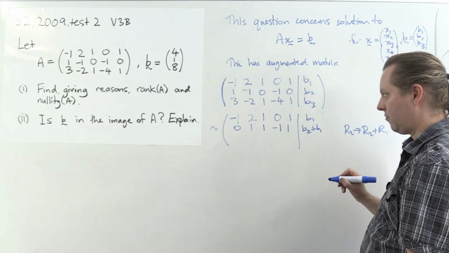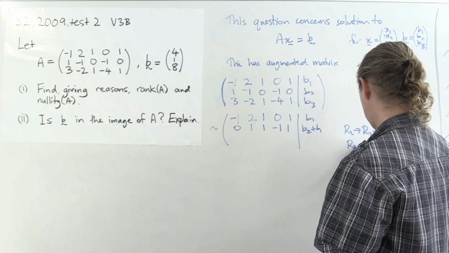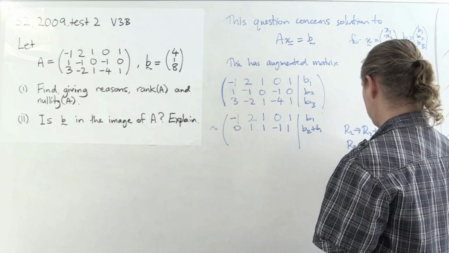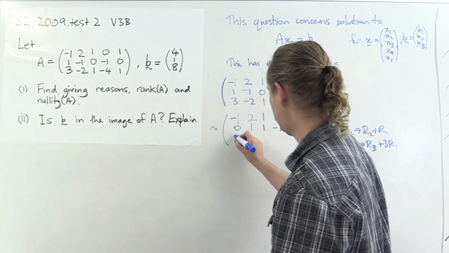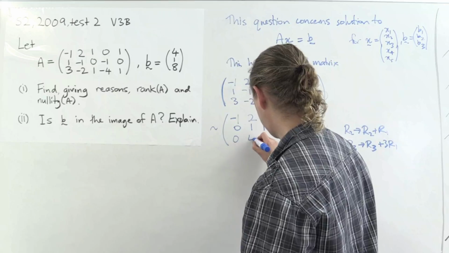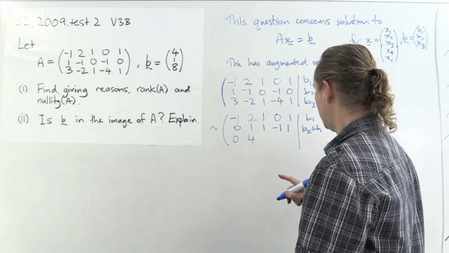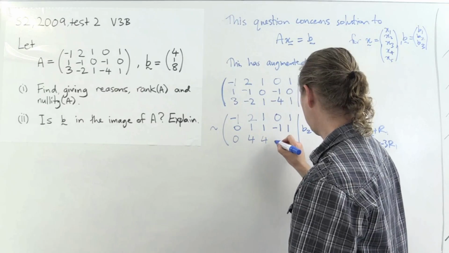And for row 3, I'll do row 3 goes to row 3 plus 3 lots of row 1. And then we'll get a 0 here. And I think we get 4, so that's minus 2 plus 6. 1 plus 3 is 4.